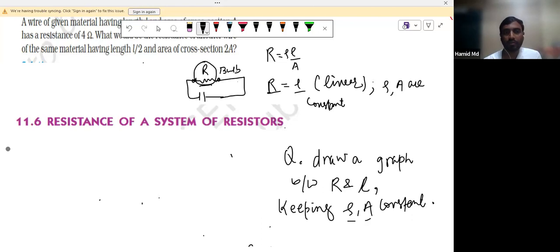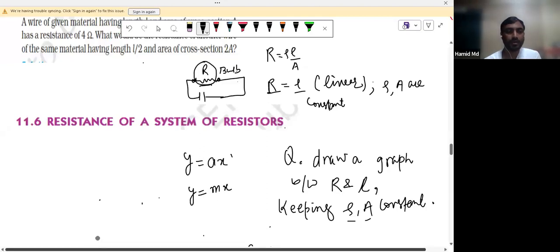So Tejasvi, are you aware of a mathematical equation in two variables? Have you studied it? Yes, sir. How does it look? Y is equal to AX. More general, more familiar is Y is equal to MX, right?